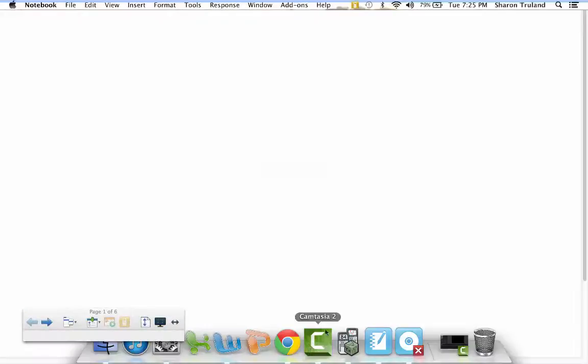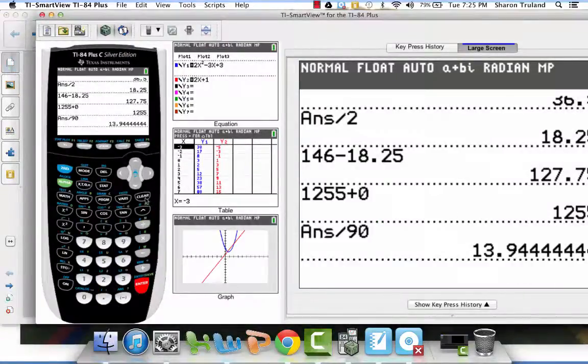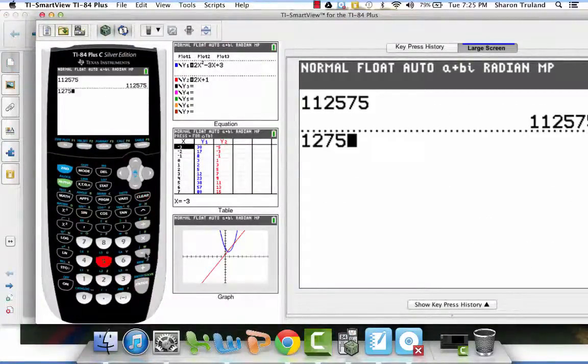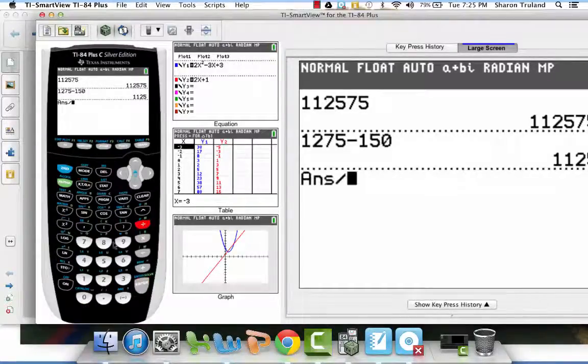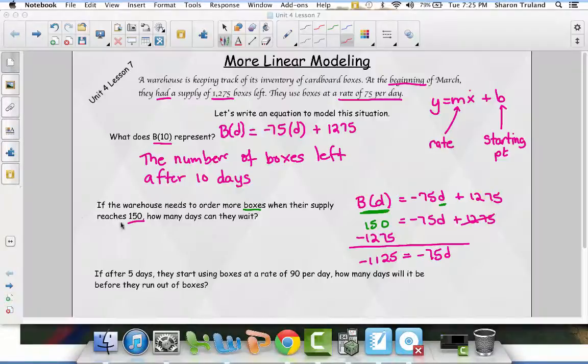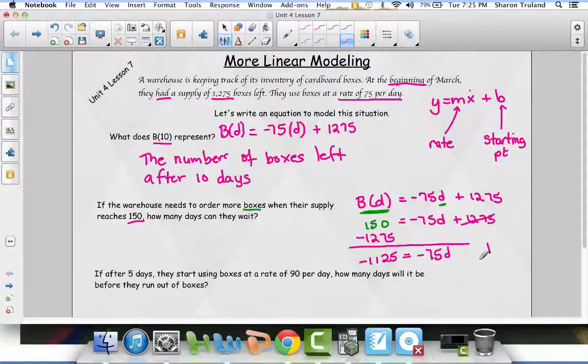I'm going to be lazy for a minute here. Divide it out. I'm going to find out in 15 days, I'm going to only have 150 boxes left.